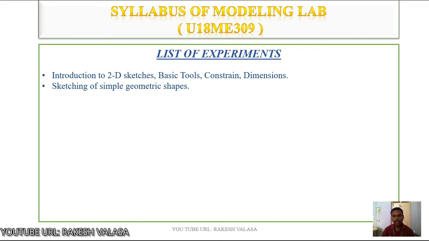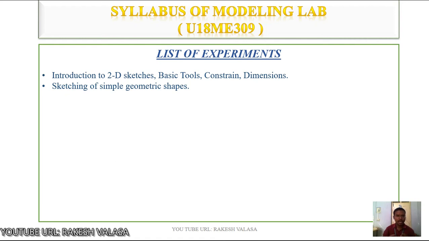Next, we will learn relimitation tools like trim tool, break tool, quick trim, close arc and complement tools. We will also learn transformation tools like mirror, symmetry, translate, rotate, scale and offset tools.